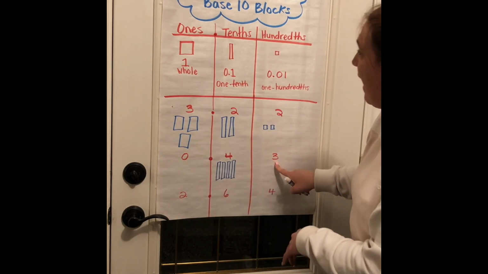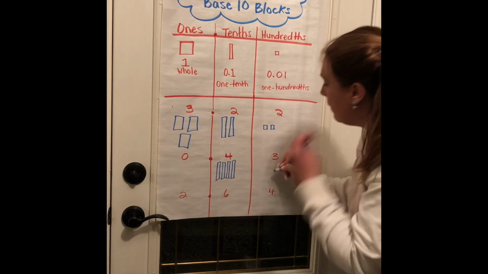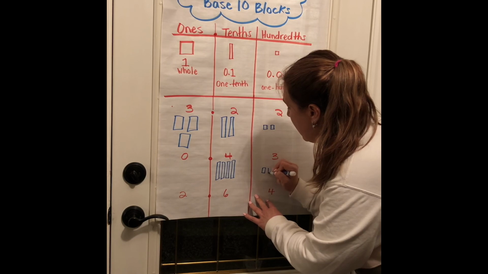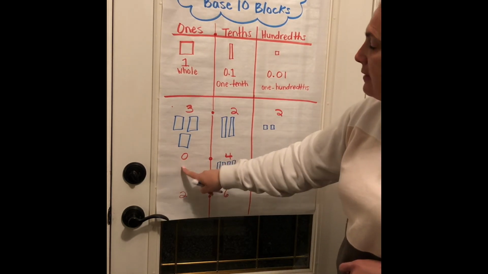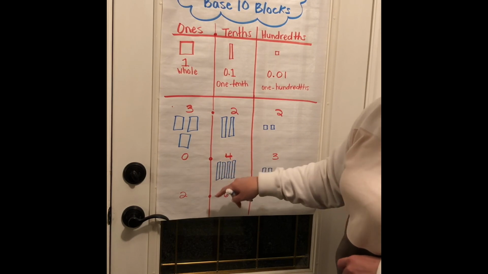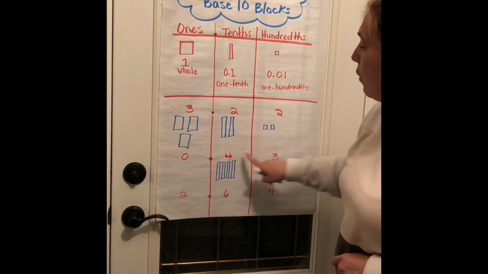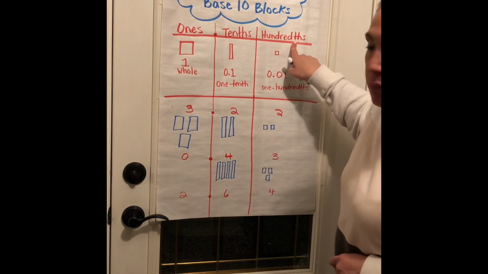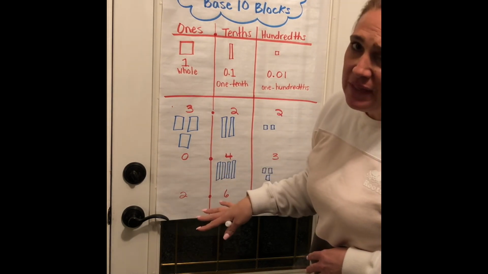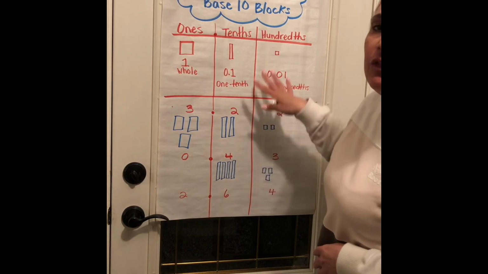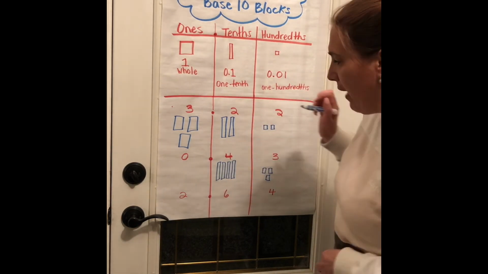And we have 3 in the hundredths column, so we draw 3 little tiny cubes. And we say this number 43 hundredths. Sorry, I'm always saying the 0. We don't need to mention the 0. But even if you did say 0 and 43 hundredths, it would not be incorrect.